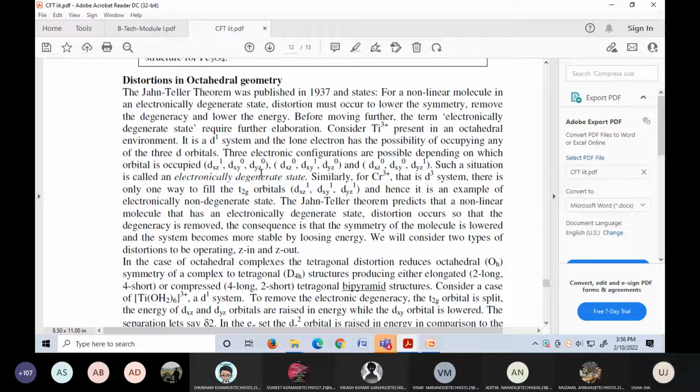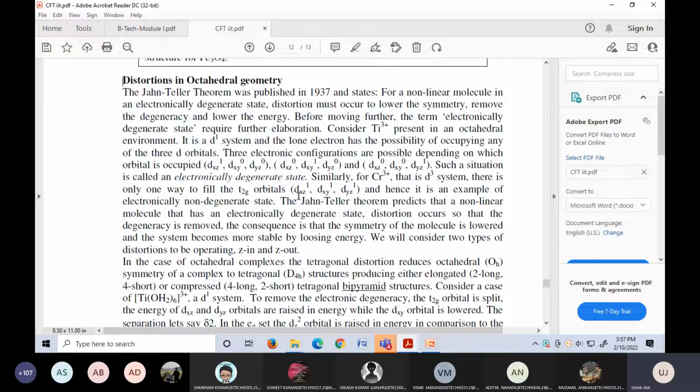No, ma'am, it cannot, because all three contain one electron. Very good. Such a system will not be electronically degenerate. It will be a non-degenerate state, because there is one electron in each one of them. So this is truly a non-degenerate state. Triple degeneracy is okay here.